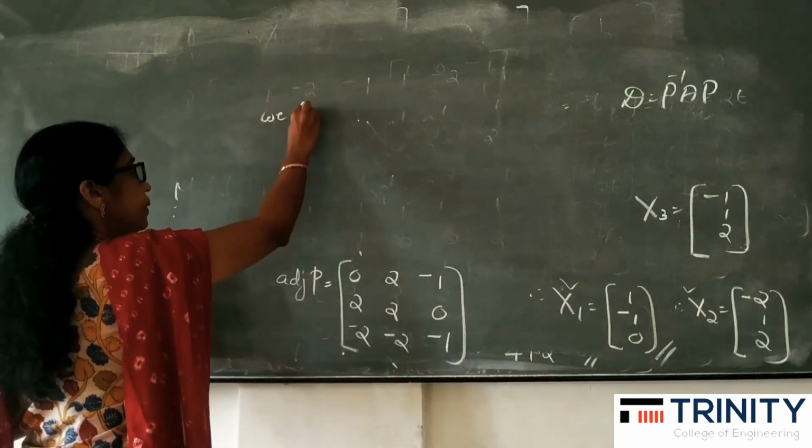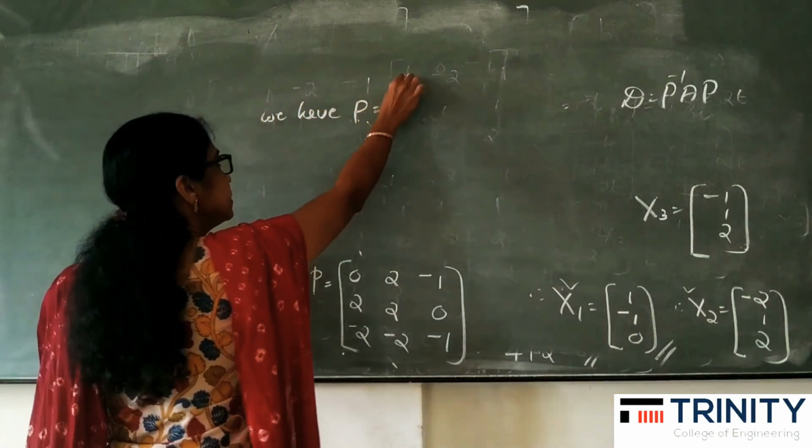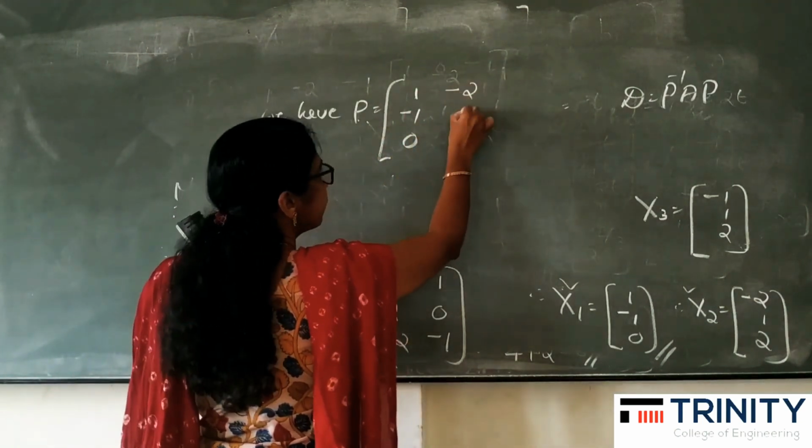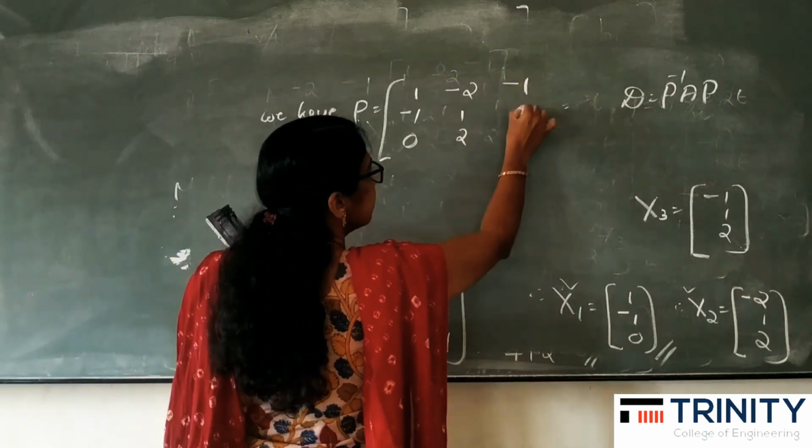We have P, the modal matrix P, which is 1 minus 1 0, minus 2 1 2, and minus 1 1 2.